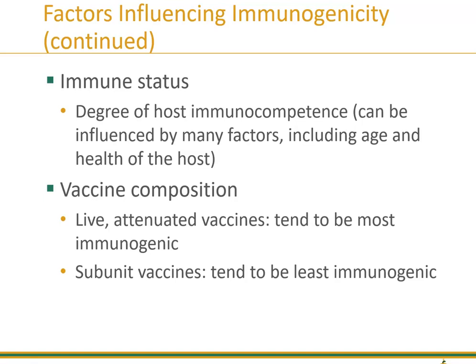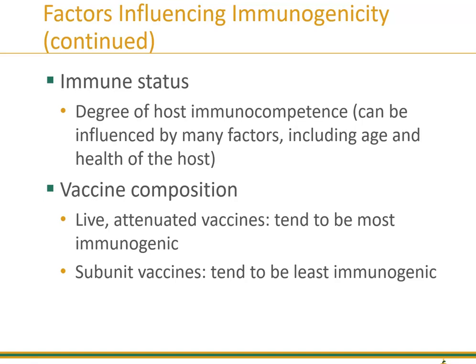That's why they get passive immunity from their mother. And when you get older, it will affect it. Also the health. Malnutrition, any other disease process that's possibly going on, stress, a lot of things can affect the immune status of a person that could possibly make them immunocompromised. So the immunocompetence depends on many things.